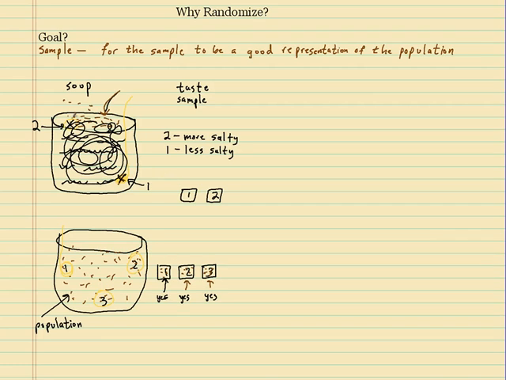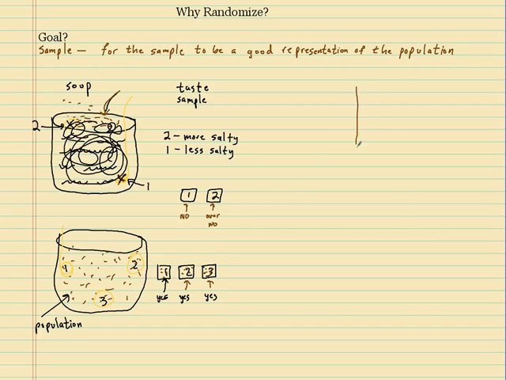Whereas this one, this was my population. I reach in, and this one underestimated how much salt, so that's not a good representation of the whole. And 2 was an overestimation of the salt. So no, that's not a good representation either. That's one of the main reasons.